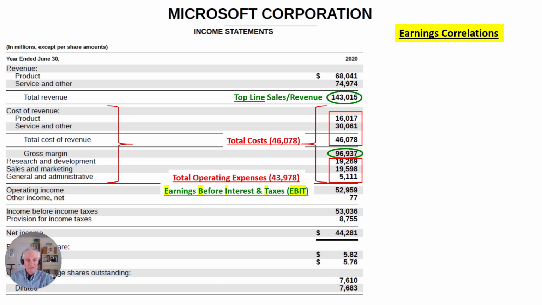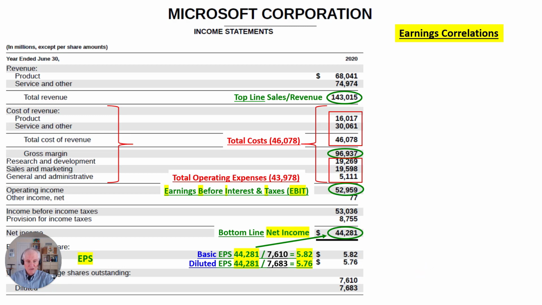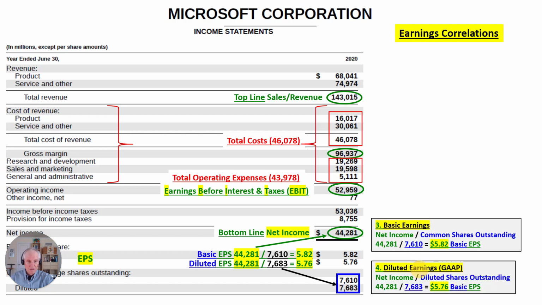Take those off, do the adjustments, and then you go from 52,959 down to the net bottom line of 44,281. As we said, we divide that by basic shares outstanding and diluted shares outstanding, and that's how we get the 582 basic and 576 diluted. So those are the 3 and 4 in FastGraphs.